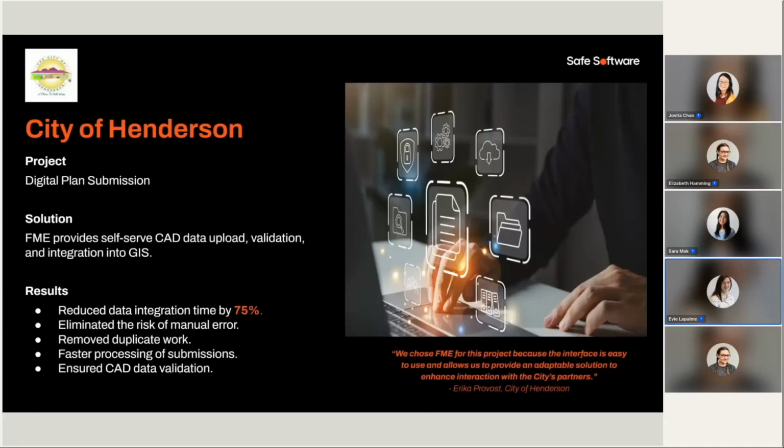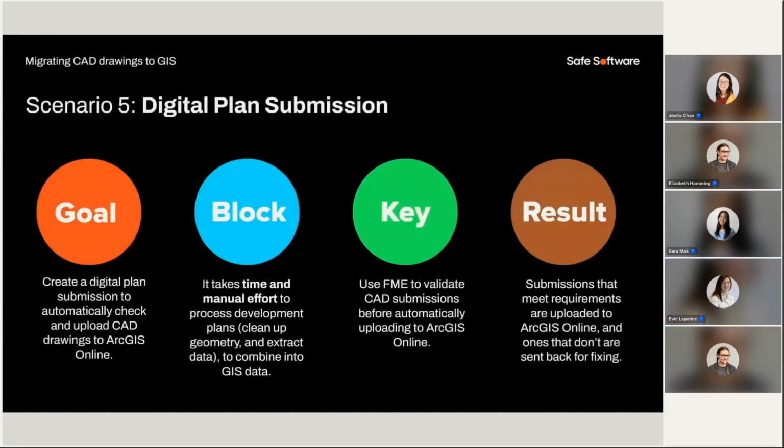Land developers use the web portal to submit their drawings and immediately receive an email confirmation or error report through HTML streaming. So the goals and results for this scenario are to create a digital plan submission, to automatically check and upload CAD drawings to ArcGIS Online.